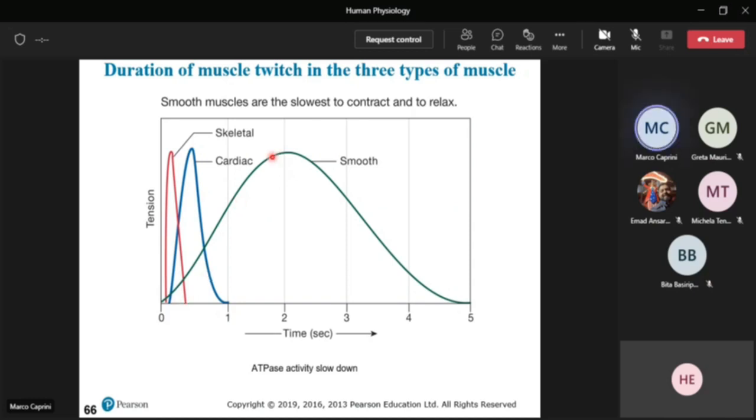As a result of this behavior, their use of ATP is very low compared to the striated muscle. It's slow, so they use less ATP. It's quite obvious. In fact, the smooth muscle cells have fewer mitochondria and rely more on glycolysis for ATP production.